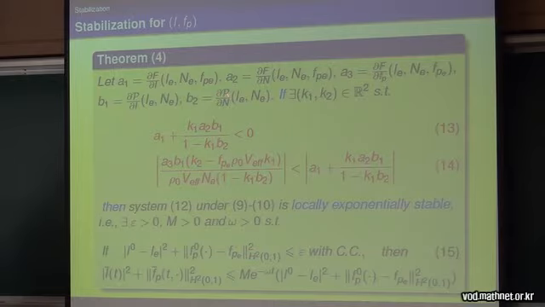Then, if we can find real constants k1, k2 such that 13 and 14 are true, then the closed loop system under this linear proportional feedback law is locally exponentially stable, which means that if the initial data are close to the equilibria, then using the feedback controls 9 and 10, the solution goes to the equilibria exponentially fast as time goes to infinity.